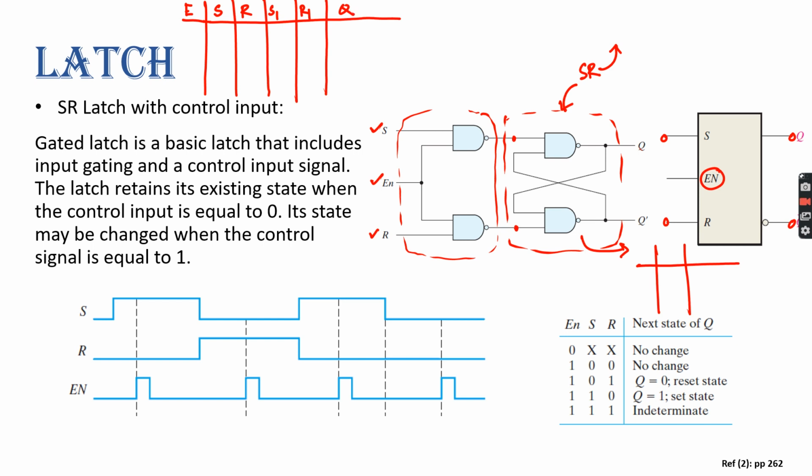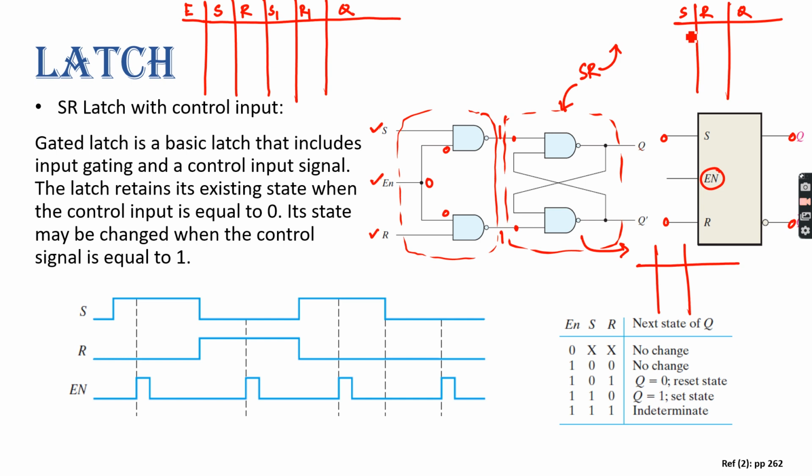So now if you put enable 0, enable 0 means this 0 will come here and this 0 will come here. So now tell me, if one of the inputs of the NAND gate is 0, the output will be 1, right? Yes, sir. Here you will get 1 and here you will get 1. So what was the flip-flop output?